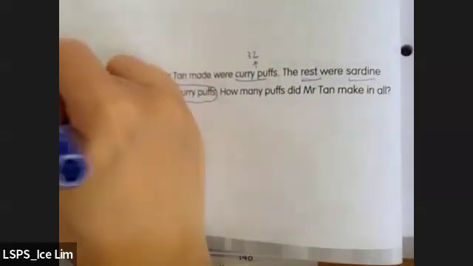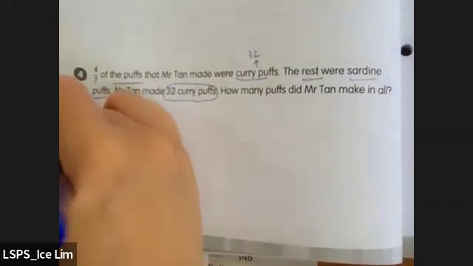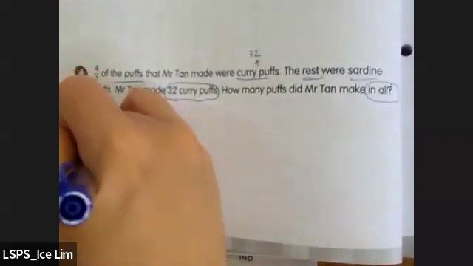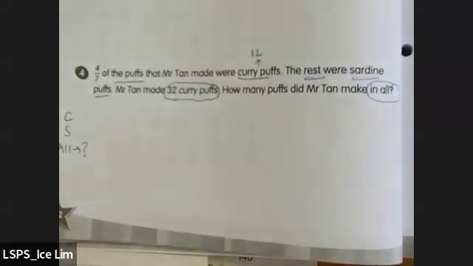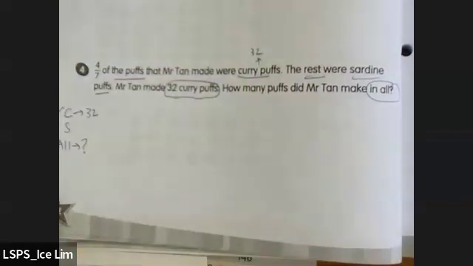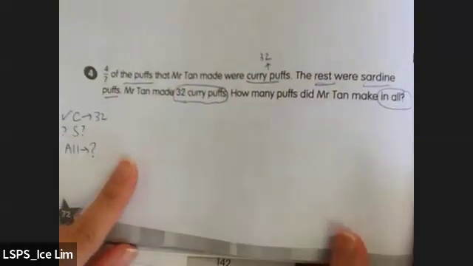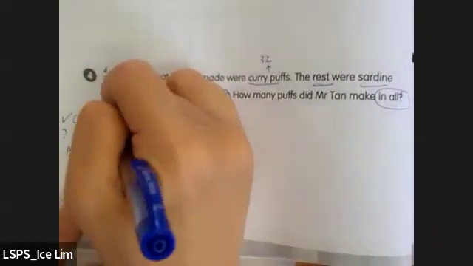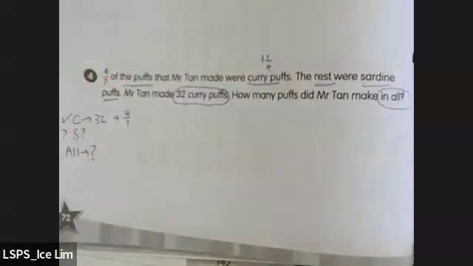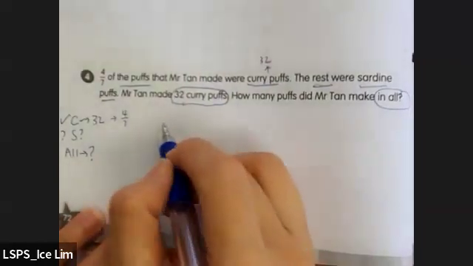Okay, when I look at this question, I have curry puffs, I have sardine puffs, I have all the puffs. The question asks for all the puffs. I have curry is 32. But I don't know sardine. But I have a fraction here. The fraction is 4/7. So for all the puffs, I can also draw a model to help you understand better. I have all the puffs here.